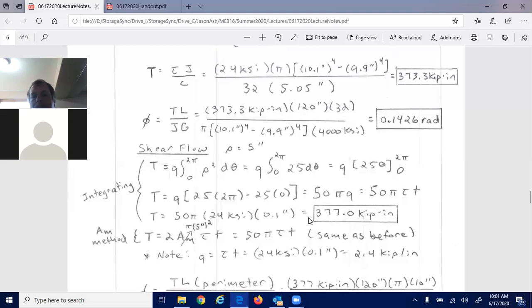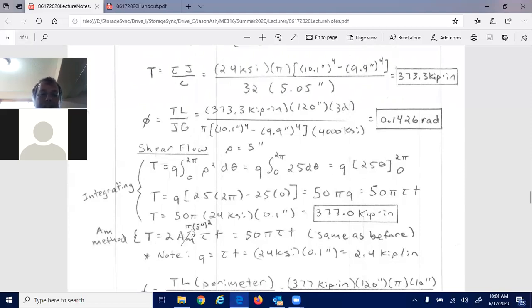Your AM method, where your shear stress is equal to torque over 2 AM times your thickness, can just be rearranged to solve for torque as 2 AM times your shear stress times your thickness.